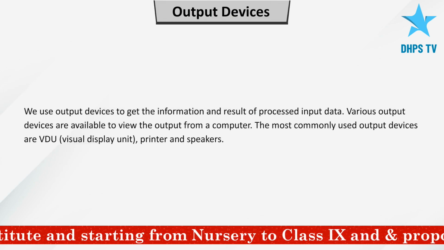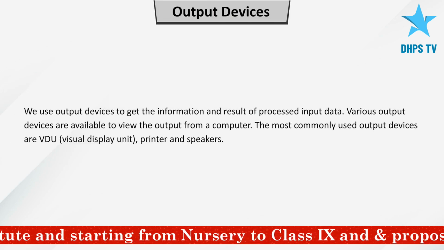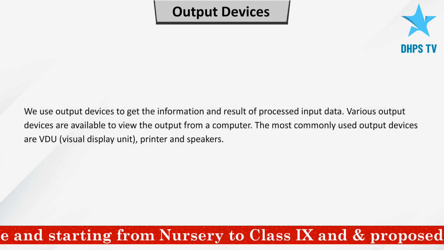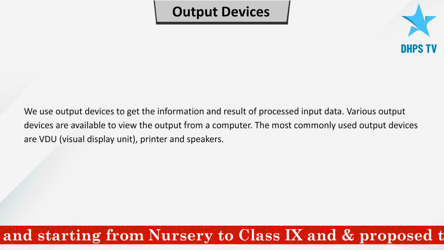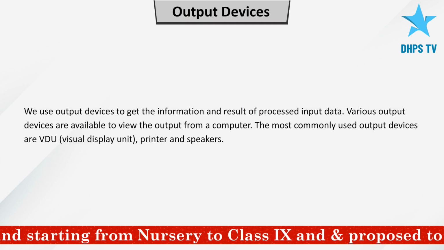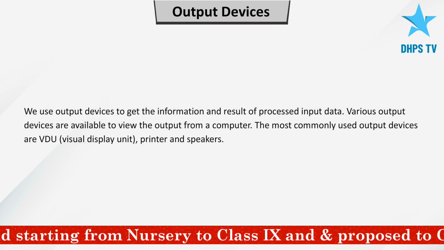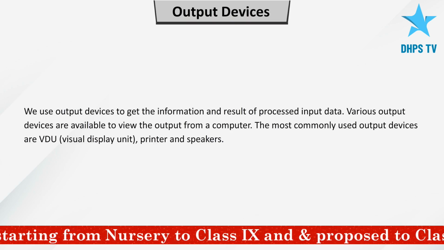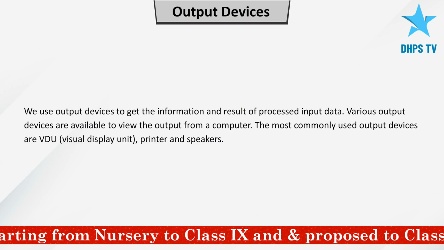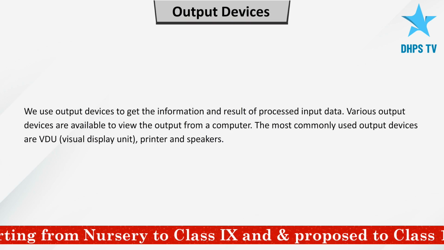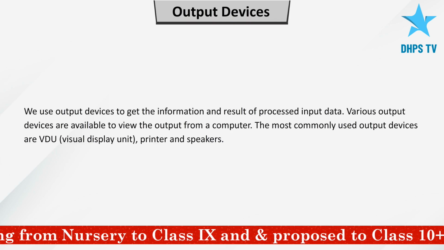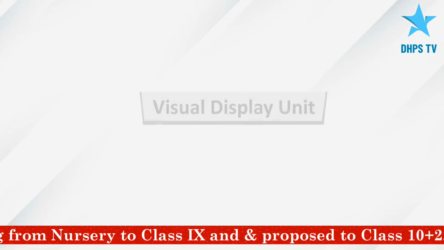Output devices. We use output devices to get the information and result of processed input data. Various output devices are available to view the output from a computer. The most commonly used output devices are VDU, Visual Display Unit, printer, and speakers.